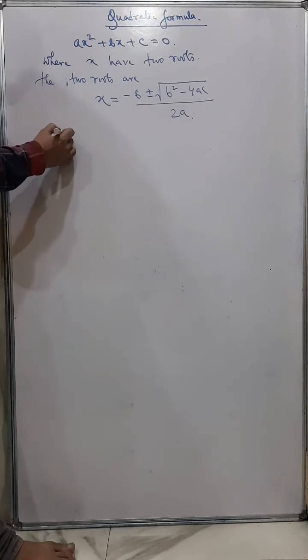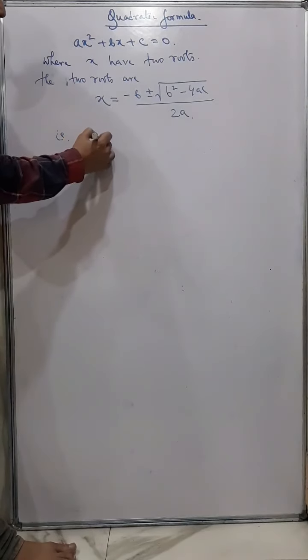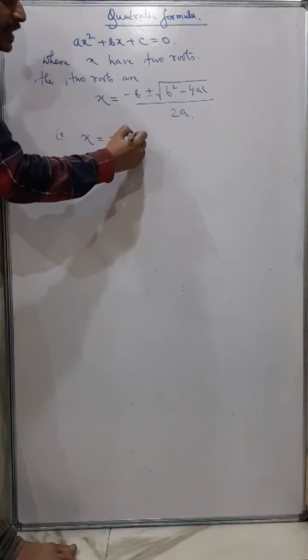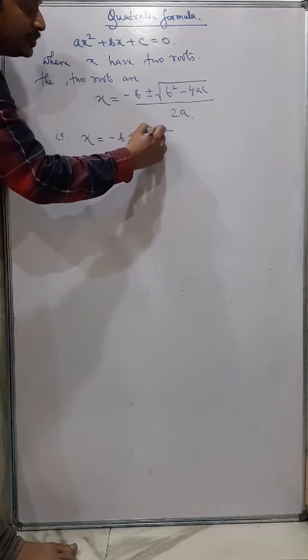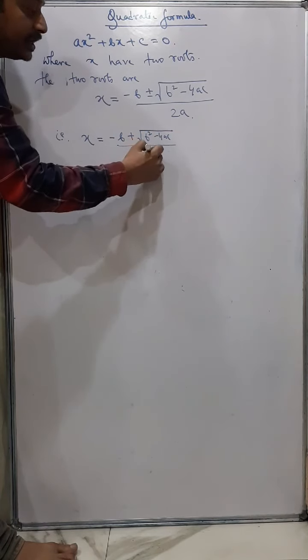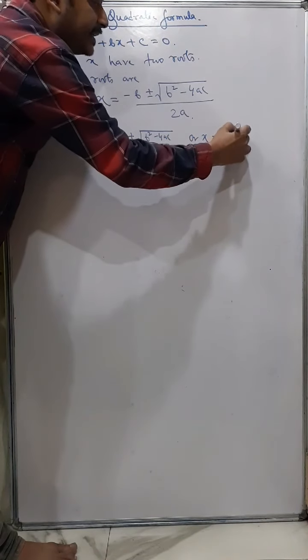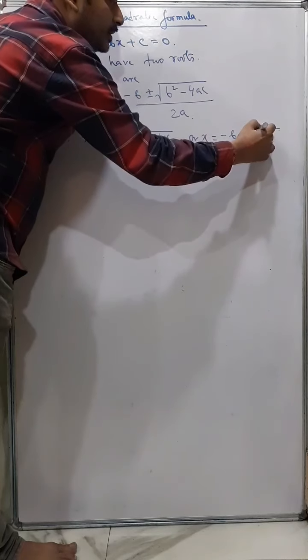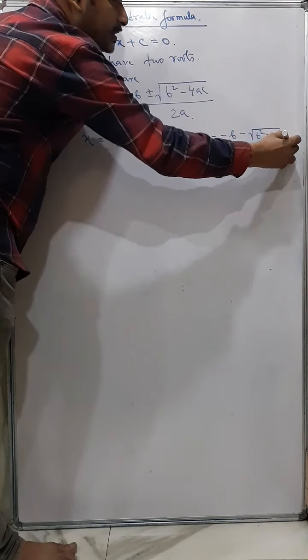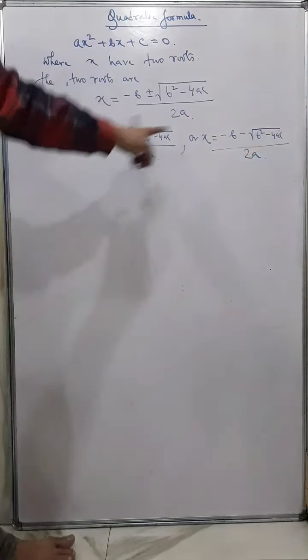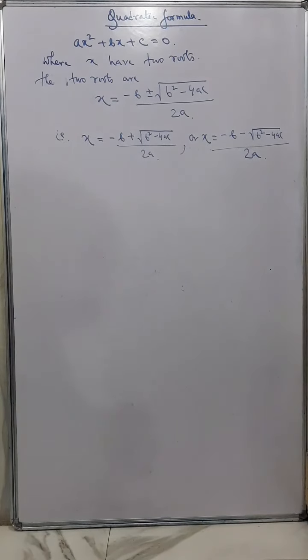That means x equals minus b plus root over b square minus 4ac by 2a. So that's the first root. Or x equals minus b minus root over b square minus 4ac by 2a. So these are the two roots of the quadratic equation. In this case we don't have to factorize, but we can simply put the values and then solve.